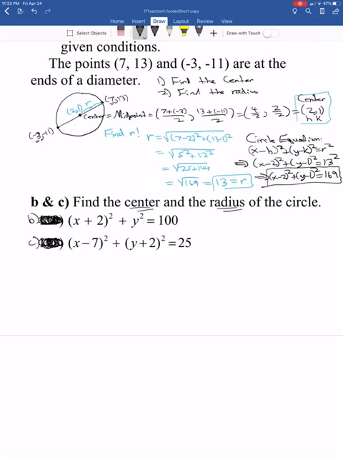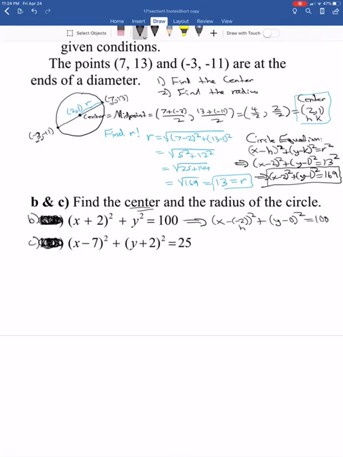So if you look at this first equation, for example, let's rewrite it in standard form. So again, remember our circle equation. Standard form is (x minus h) squared. So I'm going to go ahead and rewrite x plus 2 with a minus. So (x minus negative 2) squared, and y, same thing as saying (y minus 0) squared, equal to 100.